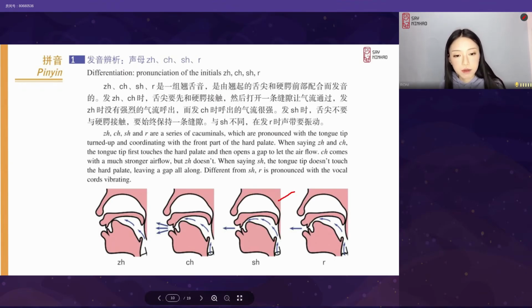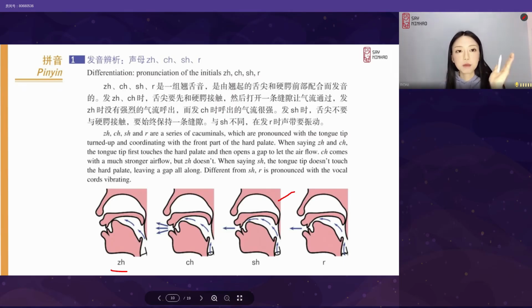Okay, now let's move on to the next part. The differentiation of the pronunciation of the initials 知、吃、诗 and 日. These four initials are all pronounced by rolling up our tongue like this. For 知 and 吃, the tongue position is the same.